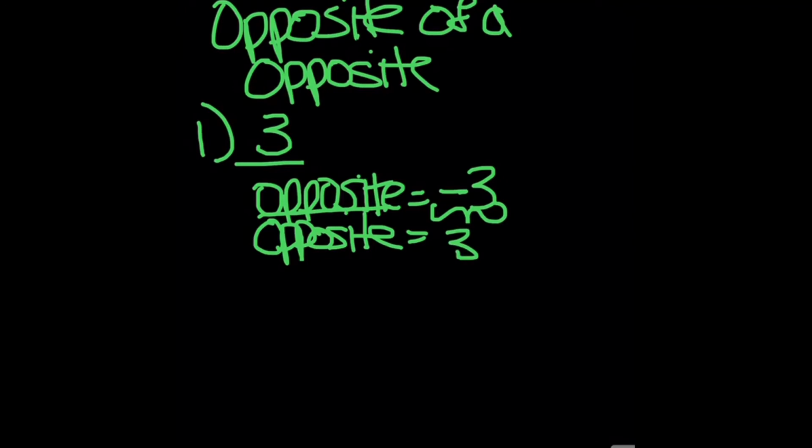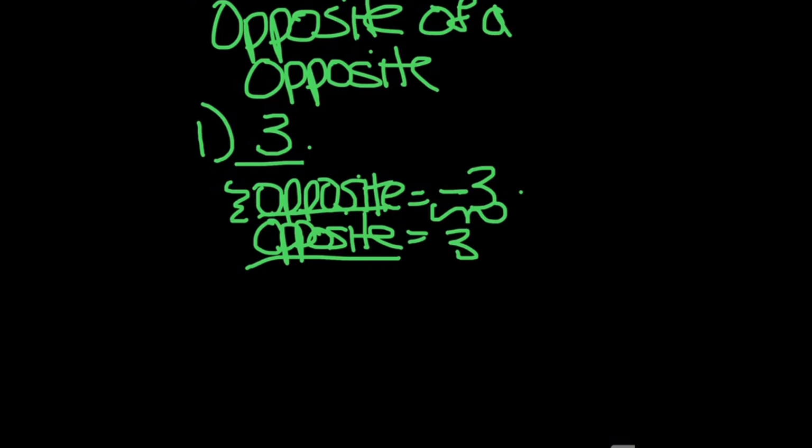So pretty much if we're talking about the opposite of the opposite, that integer shouldn't change. If it's -3, it should still be -3. If it's a positive number, it should still remain positive. First you do the opposite of 3, which is -3, and then the opposite of -3.